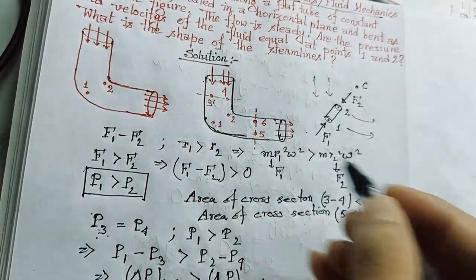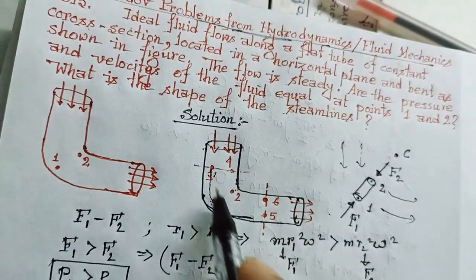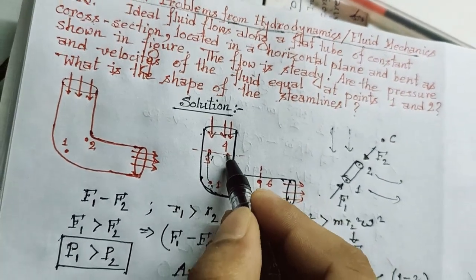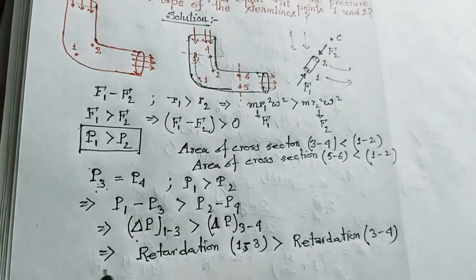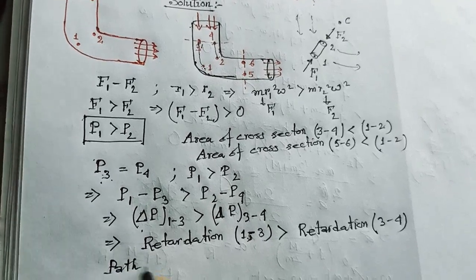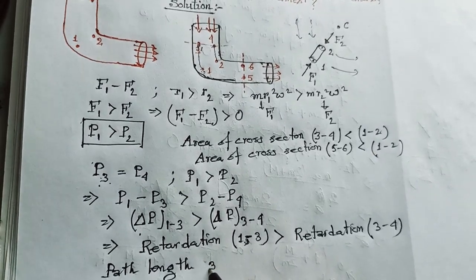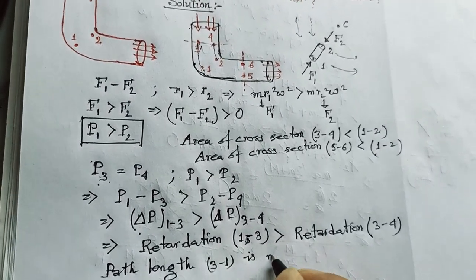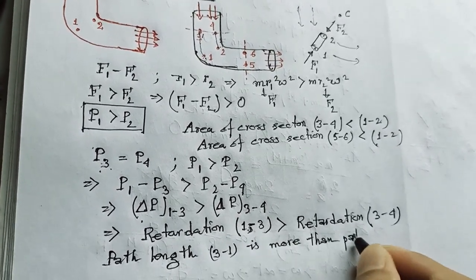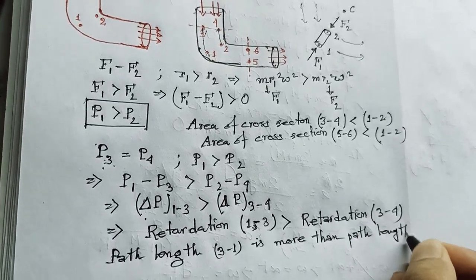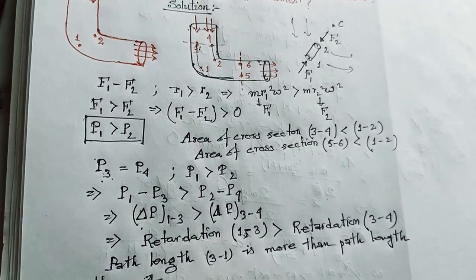Again, if we consider the path length, the length of the path from 3 to 1 and the length of the path from 4 to 2, it is obvious that the path length 3 to 1 is more than the path length 4 to 2.